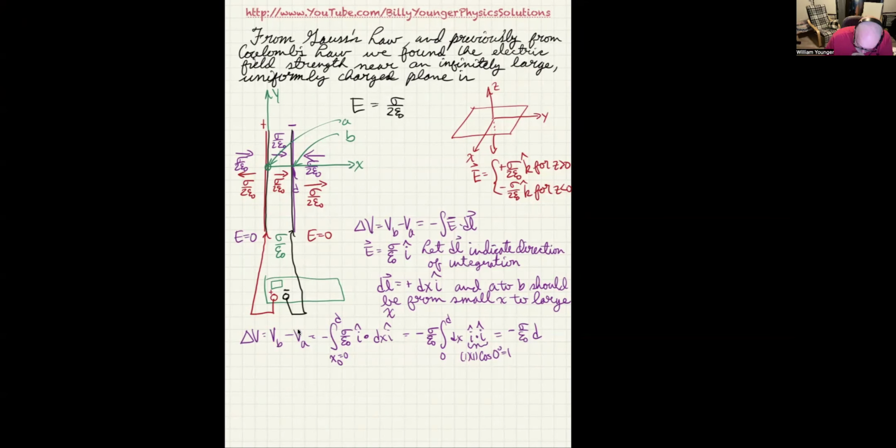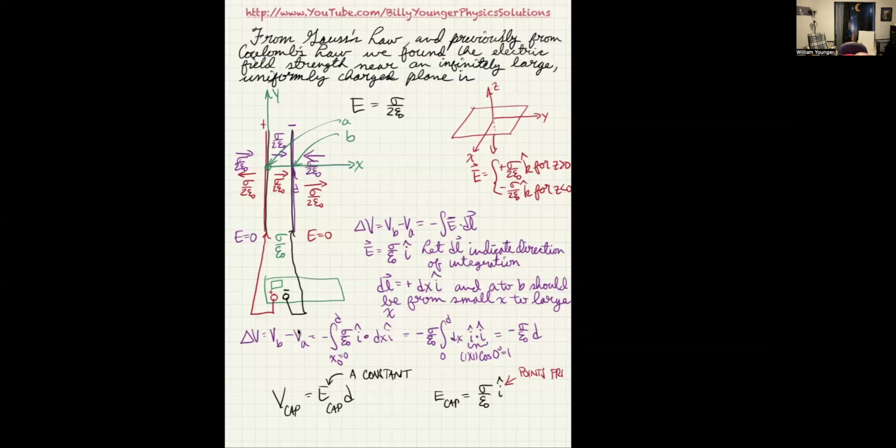I should probably regroup and just say that the voltage across a capacitor, V capacitor, is equal to the electric field in the capacitor, which is a constant, times D. And I should say that the electric field in the capacitor, as we just worked out, was sigma over epsilon naught, and in this case it was the i hat direction, but more generally, it points from the positive plate to the negative plate.